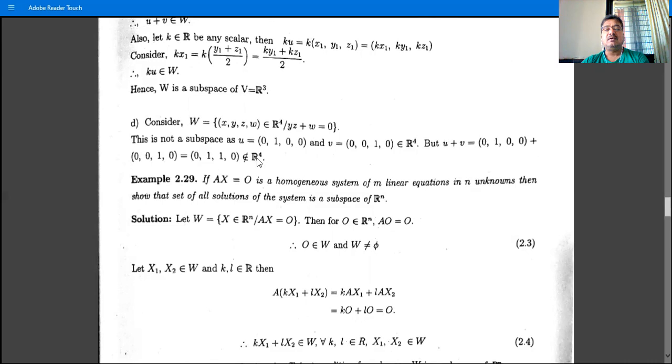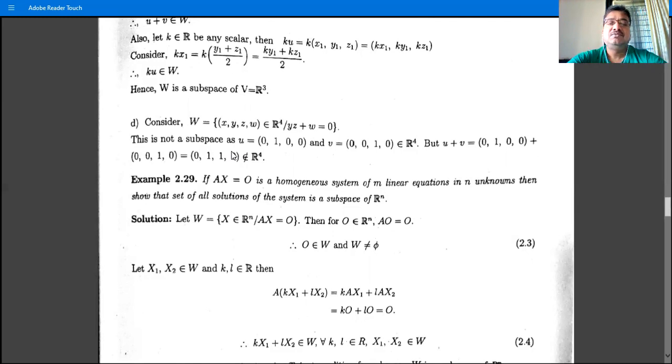If we observe this element (0, 1, 1, 0), it is not an element of W. It does not satisfy this condition because y into z is 1, plus w is 0, so 1 plus 0 is not equal to 0. It is equal to 1. And therefore this does not belong to W, and therefore W is not closed for addition, and therefore W is not a subspace of R raised to 4.